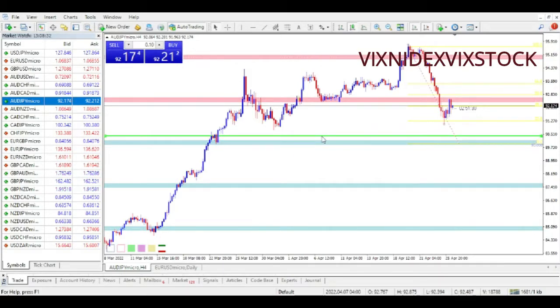I'm waiting for at least some movement out of the zone, so that I know that definitely we are going this way, or we are going that way. So I actually then set my TP at what? At the next zone. That's how I actually do it.